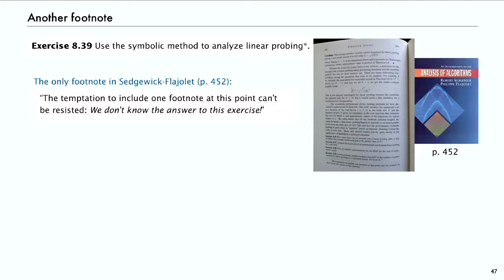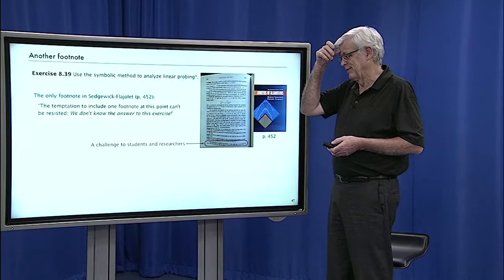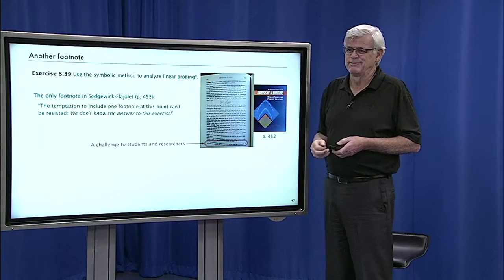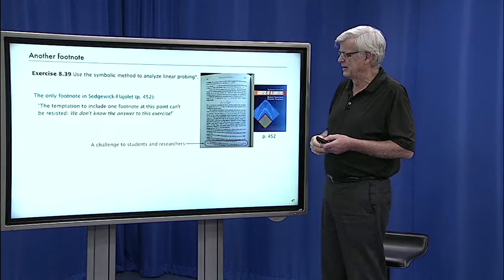We couldn't figure out how to use the symbolic method to analyze linear probing. It seemed like the answer was so simple and so similar to birthday and coupon collector that we should be able to get it. And really we put this in as a challenge to students and researchers. We should be able to do this one.